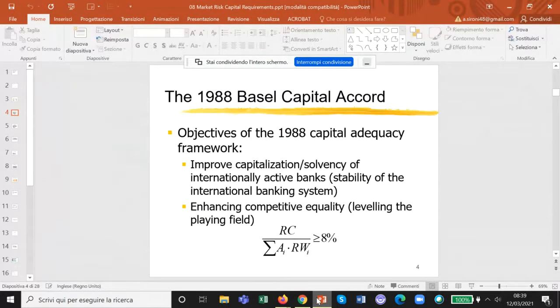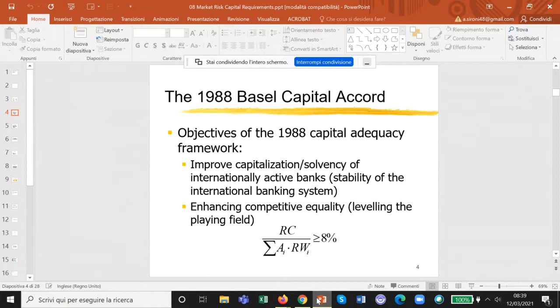So the major Japanese banks, if you look at, for example, the international rankings of the largest banks in the world at the end of the 80s, in the first 10 positions, 9 out of 10 were Japanese banks, okay?